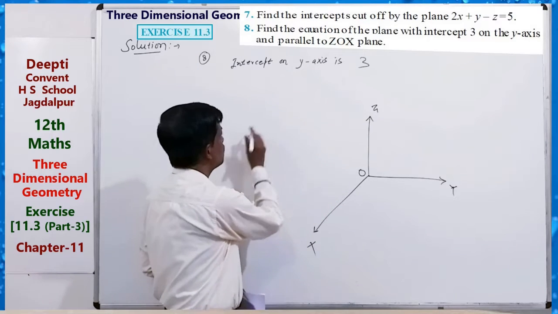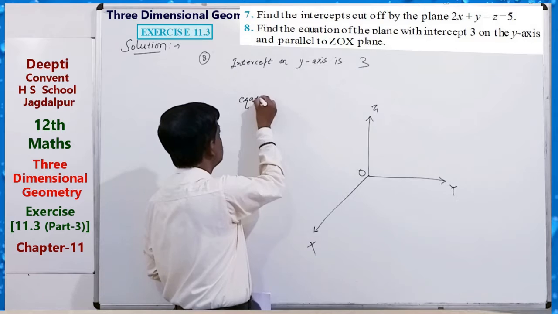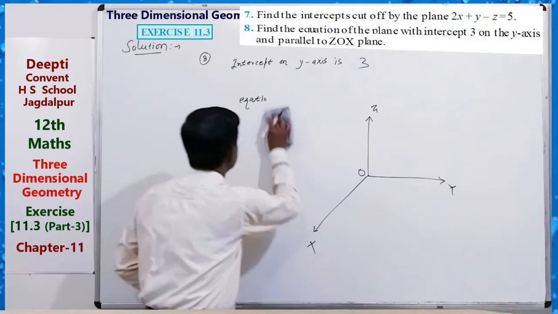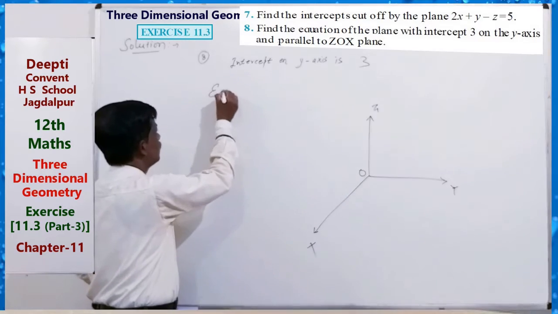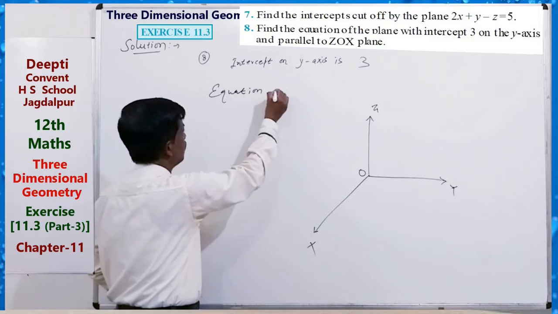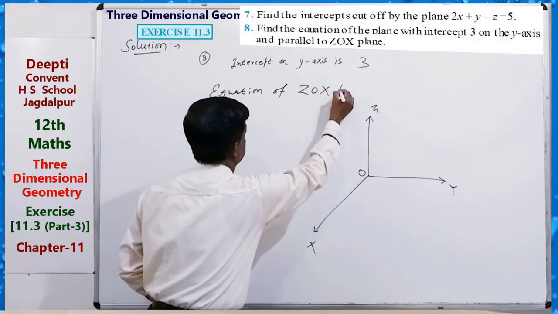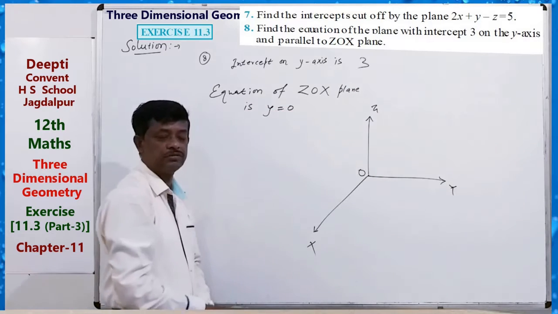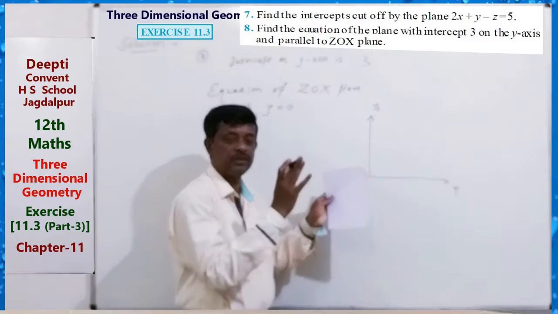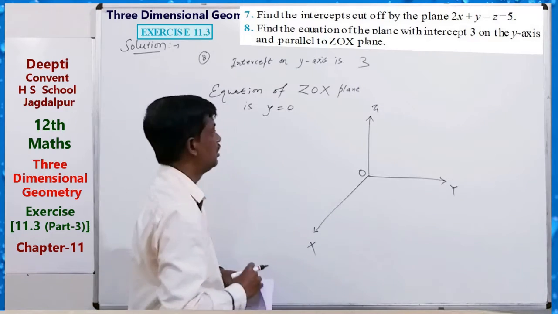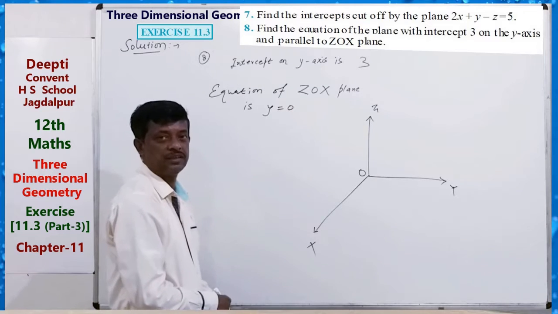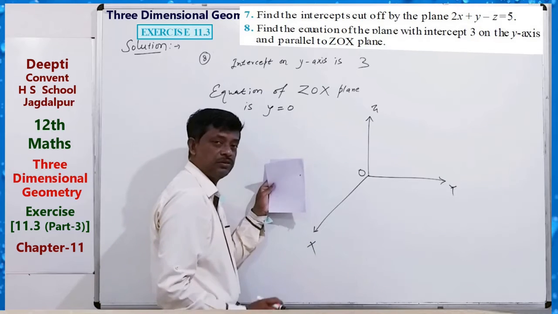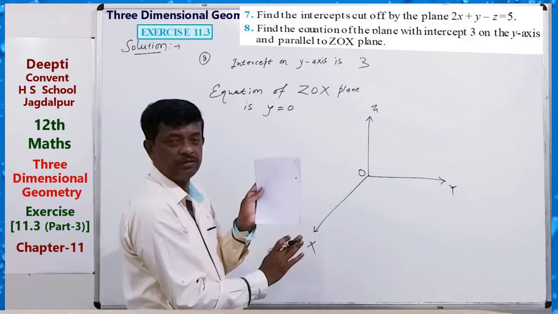The equation of the ZOX plane is y equals to 0. ZOX plane means the value of y is 0 everywhere on the plane. If this is the ZOX plane, then y equals to 0. Then parallel to this means y equals to some value.